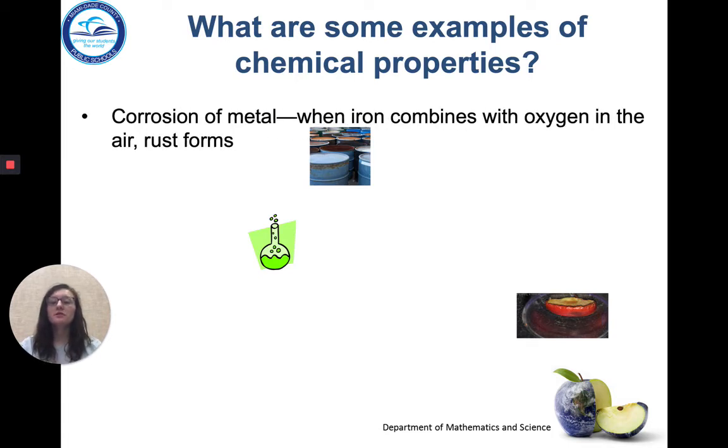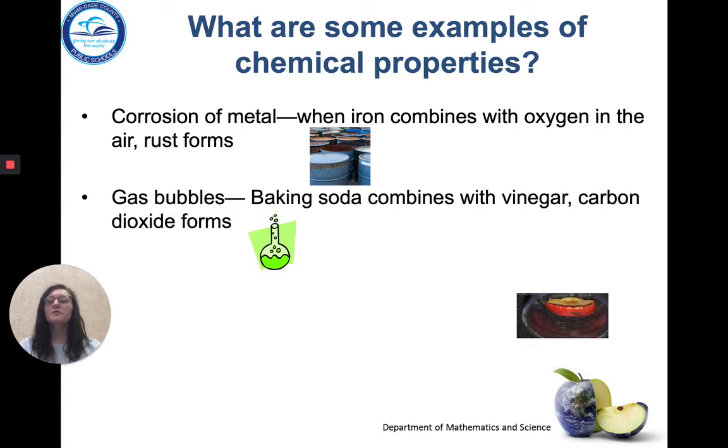So corrosion of a metal. This is when iron combines with oxygen in the air and rust forms. And again, many times we also see rust from water that sits on iron or metal. Also gas bubbles. Baking soda combines with vinegar and then you end up getting what is called carbon dioxide.